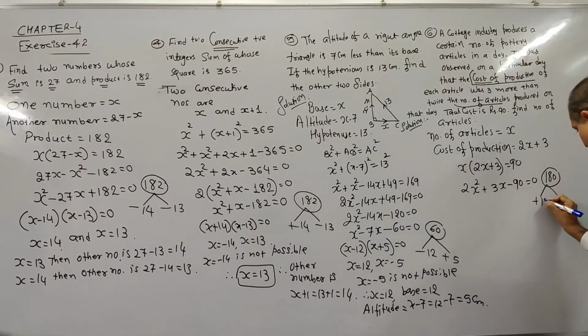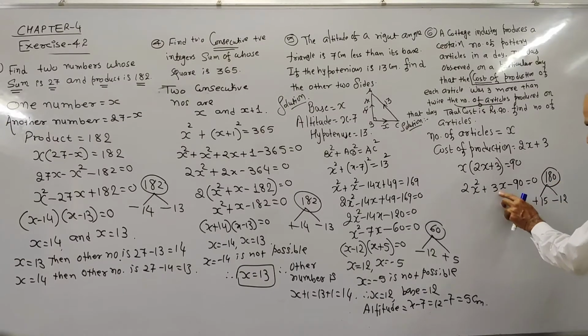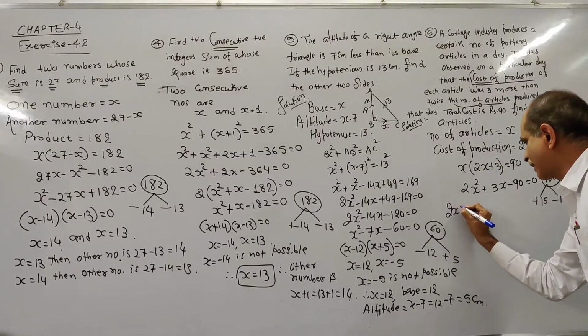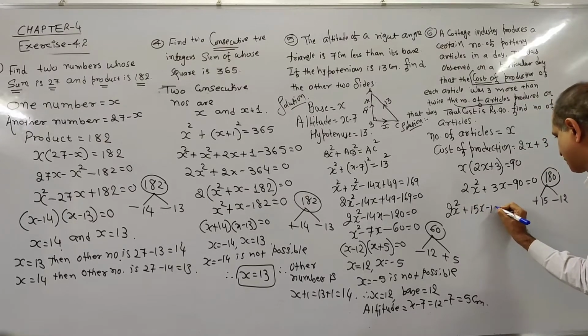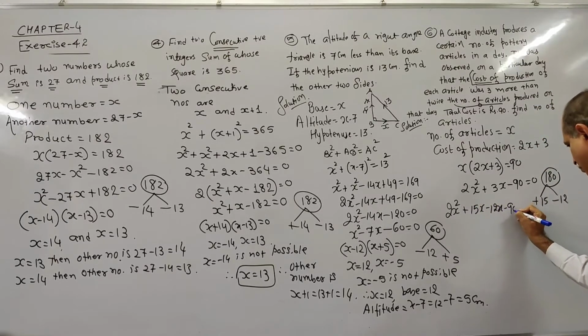So you can write 15 and 12. 15 tens are 150 and 15 twos are 30. 150 plus 30 means 180. So 15 minus 12 is equal to plus 3. Perfect. So you can't write it directly: 2x square plus 15x minus 12x minus 90 is equal to 0.